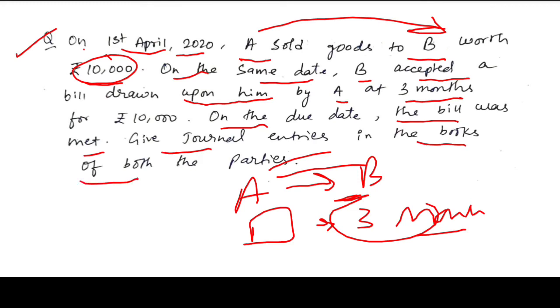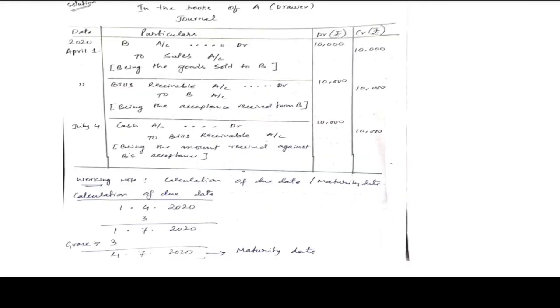You have to make journal entries in the books of A, that is drawer, and in the books of B, that is drawee. So let's do the entries. In the books of drawer, that is A, the first entry will be the sales entry.